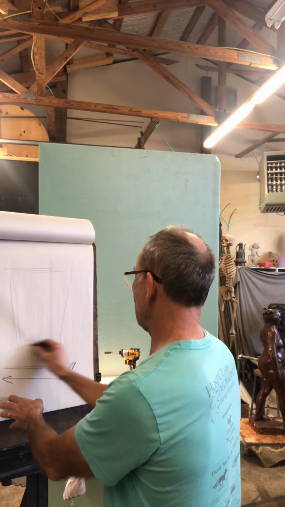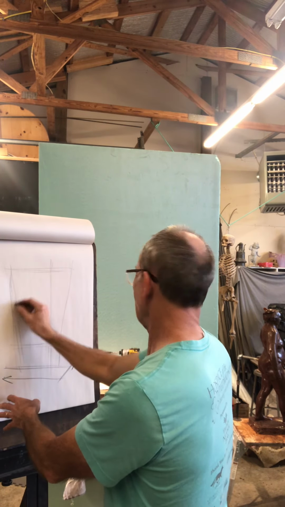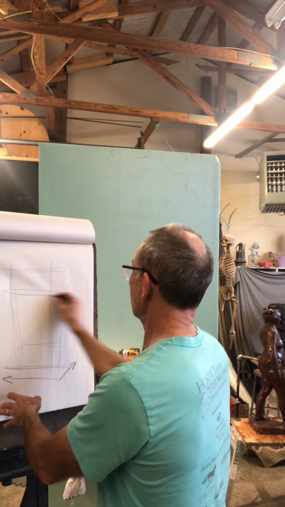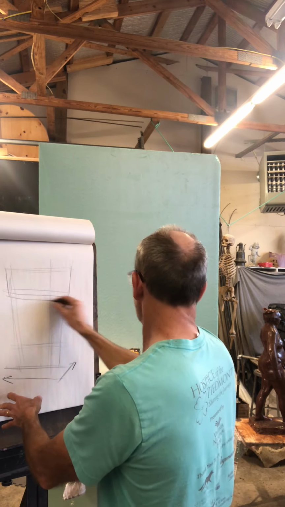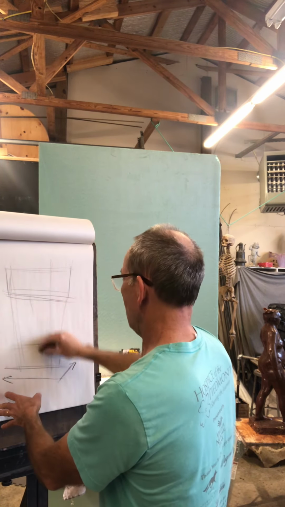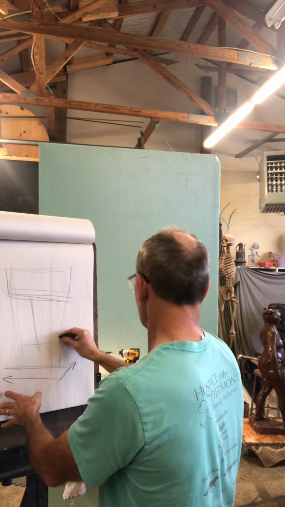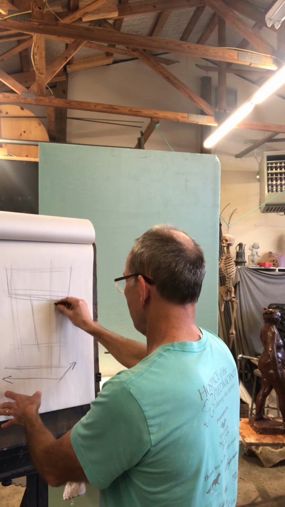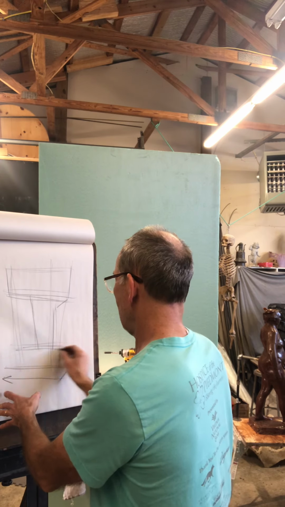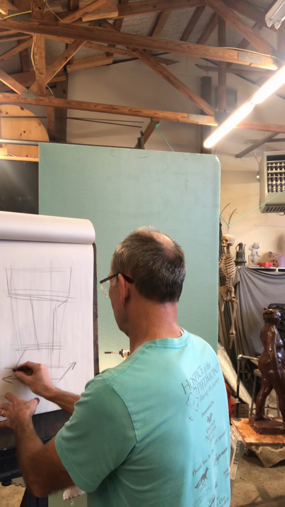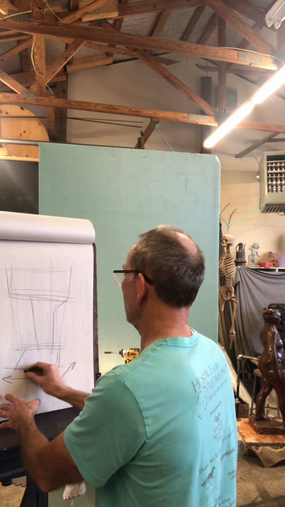Then I just want to break it up into its big component parts. So I've got the drill section here, and then the handle section here, and then I've got the foot to it down here. Just keeping things really flat still.